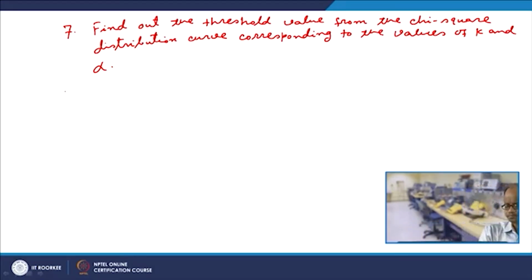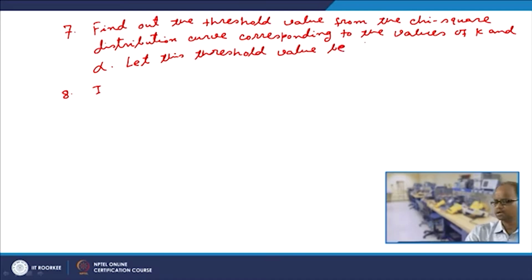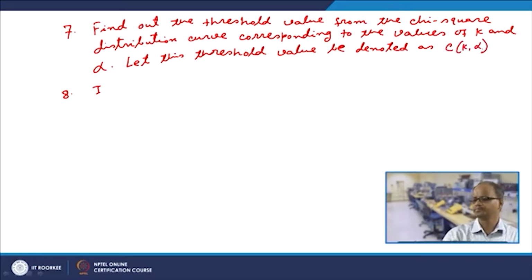Let this threshold value be denoted as C k alpha. This C stands for the chi-square distribution curve, and k and alpha are those values.